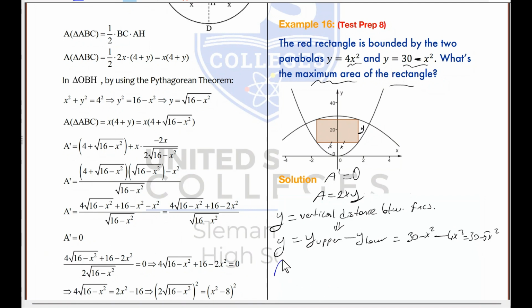So area is equal to 2x multiplied by y, which can be rewritten as 30 minus 5x squared. Let me simplify it before taking the derivative. 60x minus 10x cubed. That's A. What we need is A prime. So take the derivative, which becomes 60 minus 30x squared, which is supposed to be equal to 0.